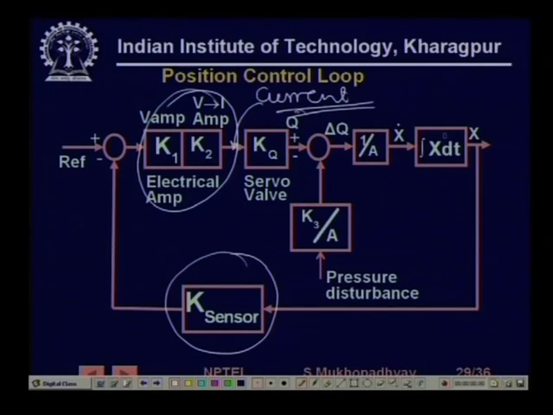This is the current to flow characteristic KQ of the valve. When you have a certain flow, then that flow is going in. Flow divided by area will give you velocity, and velocity integrated will give you position.